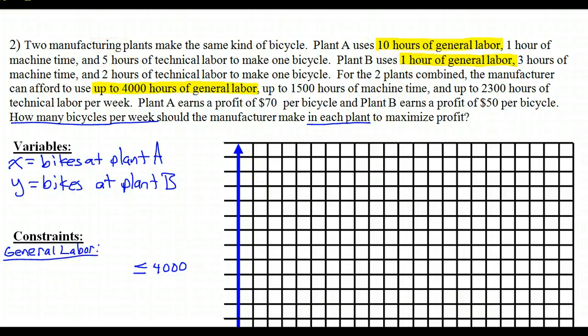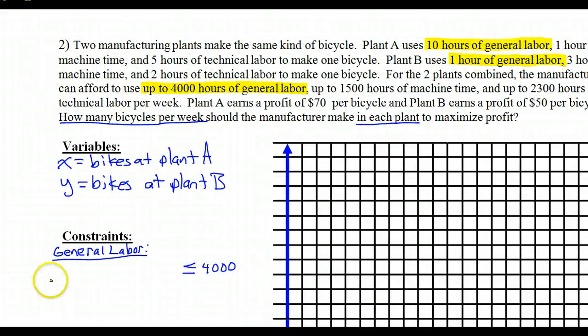And that'll give me the rest of my general labor constraint. Okay, so here we go. So 10x plus y. All right, I feel like moving this over a little bit. All right, and that has to be less than or equal to 4,000.